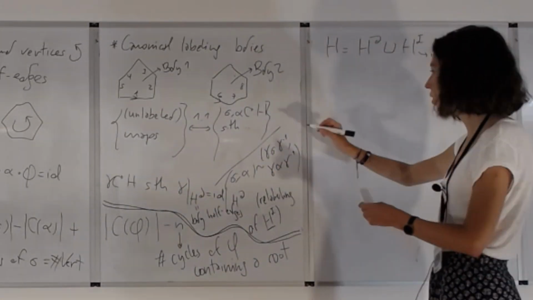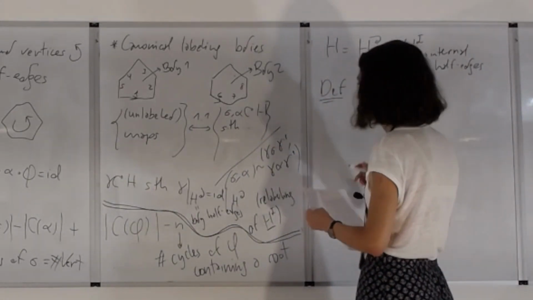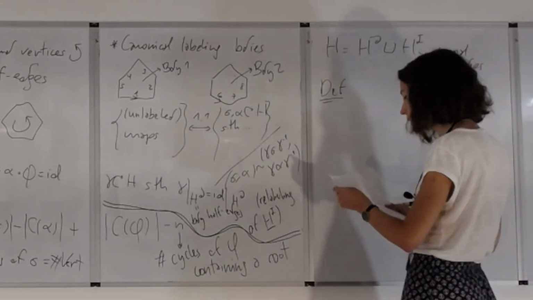And actually, with this one-to-one correspondence, you can very easily make precise what we mean by automorphism of a map.